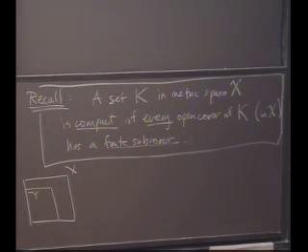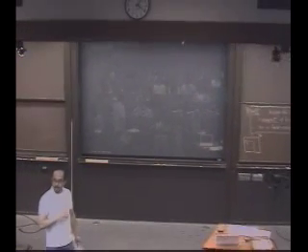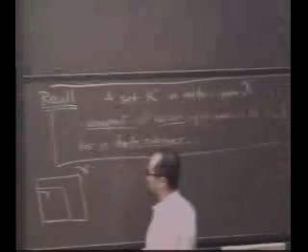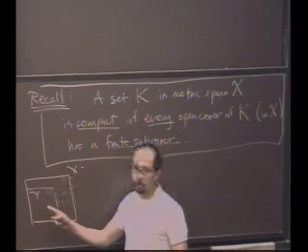Well, what does it mean for a set to be open? It means every point is an interior point. Or another way to say it is, every point can be perturbed a little bit and still stay inside the set. That's what it means for the set to be open, right? Okay, but last time we made a distinction about what it means for a set to be open in X versus open in Y.